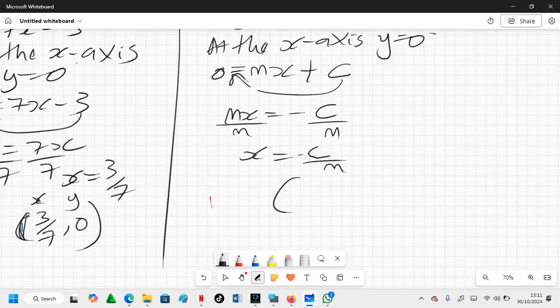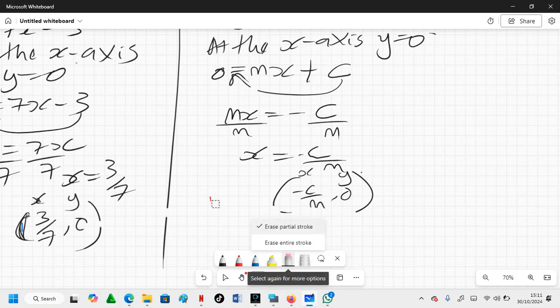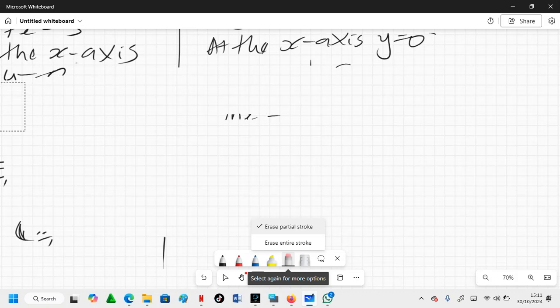So the x-intercept is negative c over m, comma 0. X is there, and the y is always 0 at the x-axis, all right?